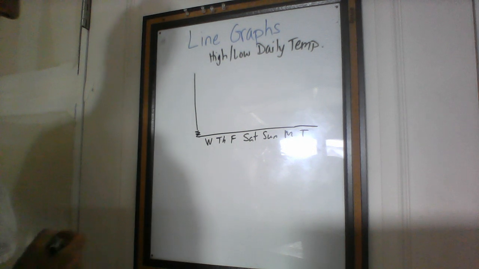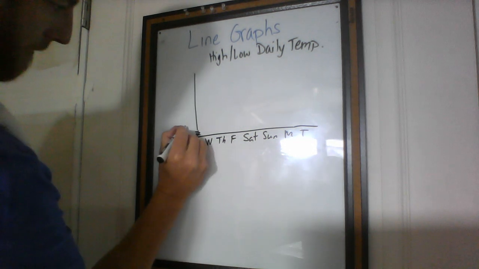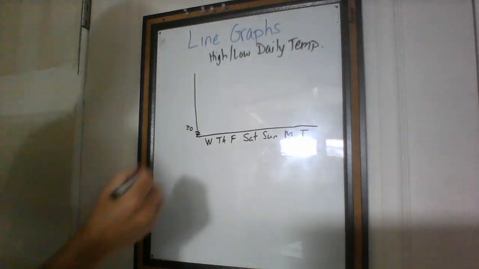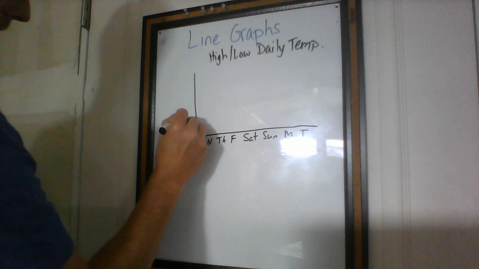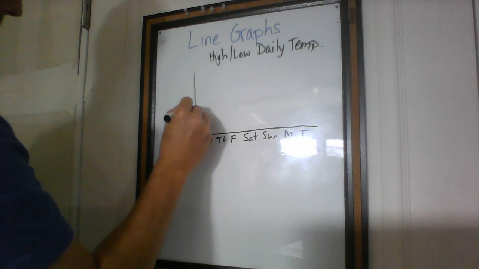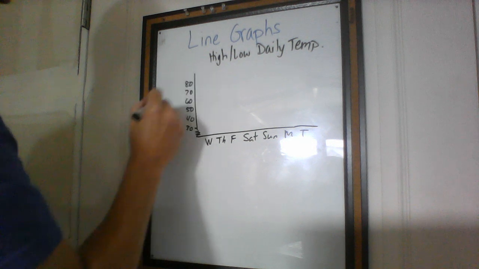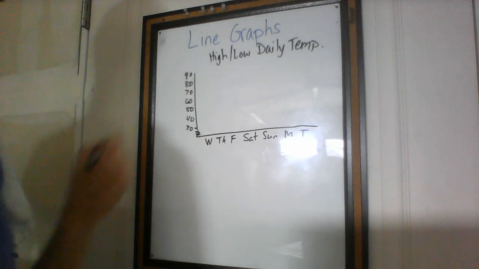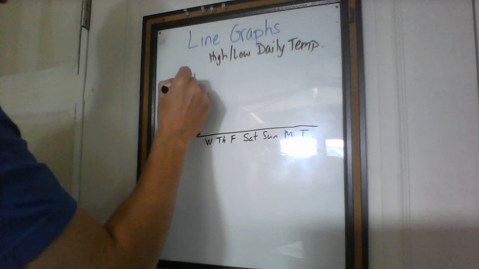Sometimes you'll see a little squiggly line. That means we're skipping some numbers. So my first number is actually going to be 30. That squiggly line tells me I'm skipping. Then we're going to have 40, 50, 60, 70, 80, and this week it's not going to get there, but there's our 90.